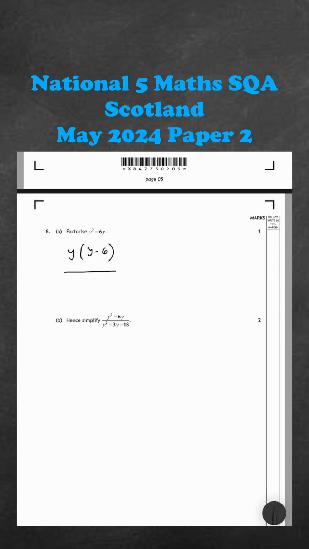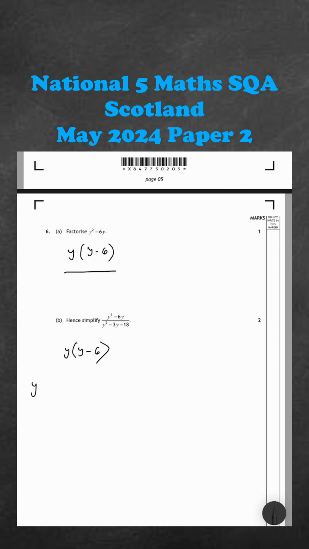And part B, hence simplify y squared minus 6y over y squared minus 3y minus 18. So the top is just going to be your y lots of y minus 6. They wouldn't make you do that unless it had some sort of relevance here. So that's your numerator.